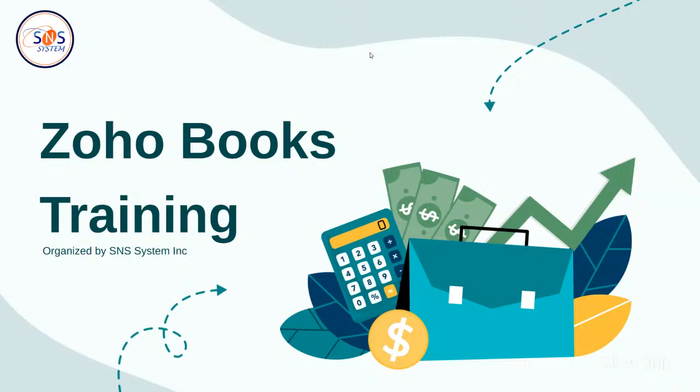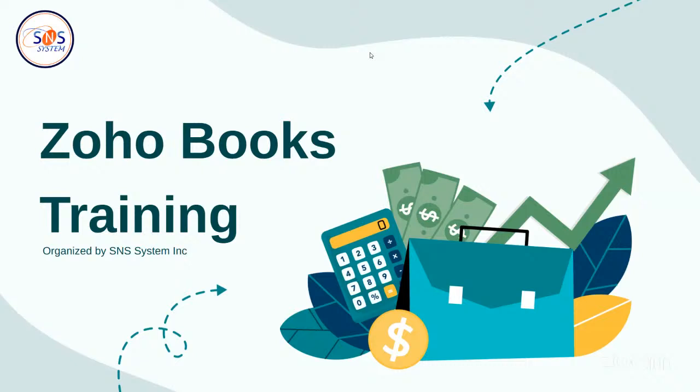In the second session, we dealt with the sales module, which includes our invoices, recurring invoices, how we can generate them, and what changes we can make in the template. And in the third session, which dealt with purchases, we discussed how we can create bills, recurring expenses, and how we can make changes there.